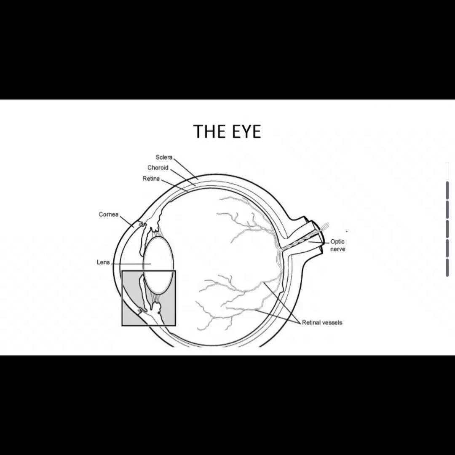Rods are mostly the ones that you will use in scenarios where there is low light intensity. And then the cones, mostly where there is a lot of light, and mostly sensitive also to color. So color vision, the cones. And then you can see the optic nerve. And then, of course, you can see the blood vessels. And, of course, anteriorly, that is in the front of the eye, we have the cornea.